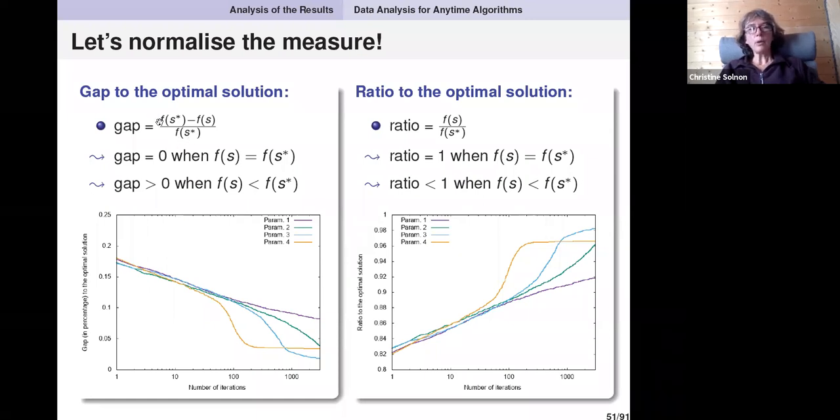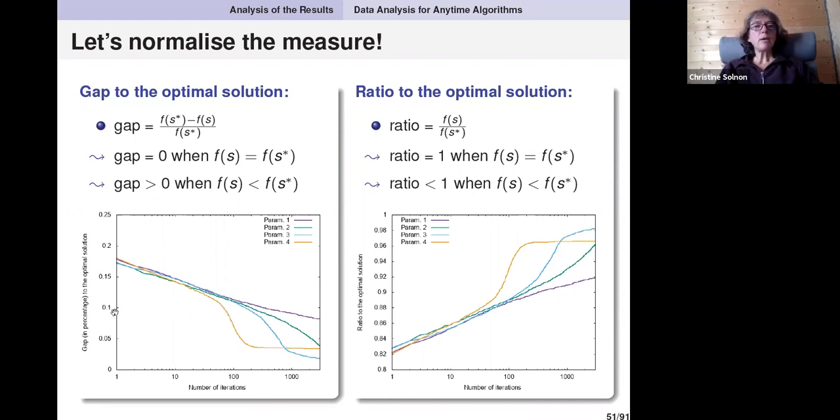So I compute the gap between the largest possible click, so the optimal click, and the click I have found. And I divide this by the optimal click, and I obtain a gap in percentage. So for example, here for the yellow, it is 0.1 at less than 100 iterations.